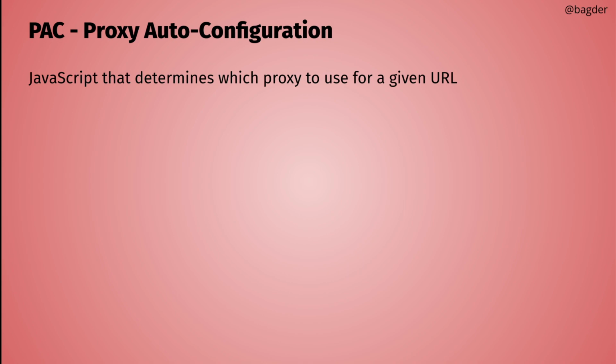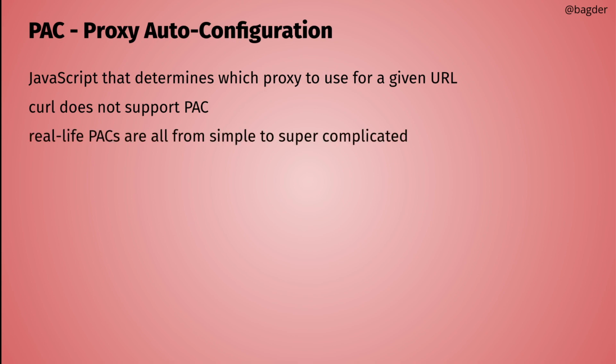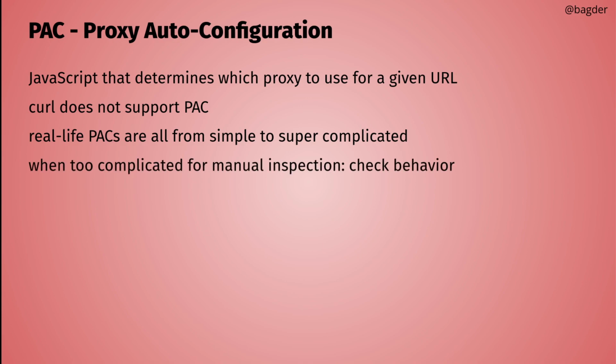So maybe you need to parse that JavaScript. Usually it's very simple. Usually you don't have a lot of different proxies to select from anyway. But you should be aware. Sometimes you need to do a little bit of detective work to figure out which exact proxy your curl command line should use.